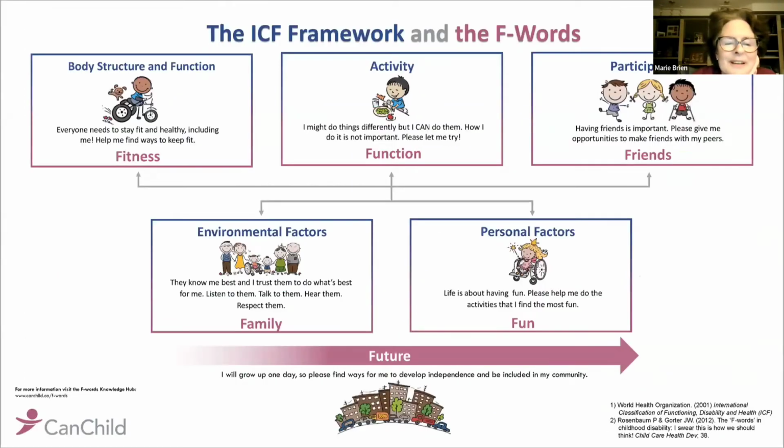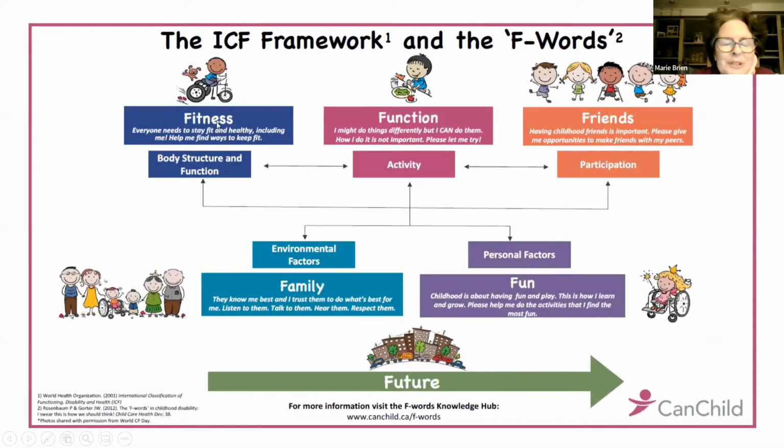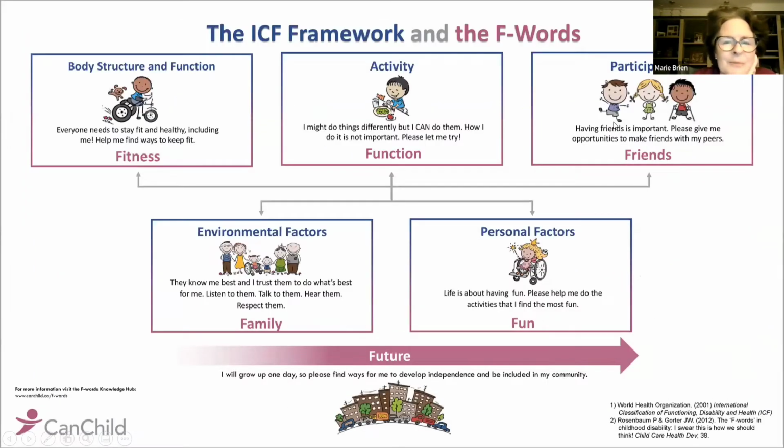So again, there are various versions of it. Here they have put the ICF and F words in separate boxes. And this is the latest framework where they have actually united both the ICF framework and the F words.